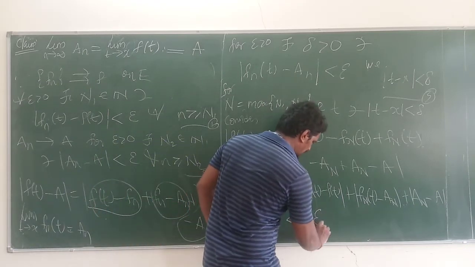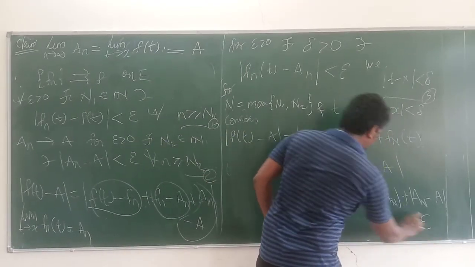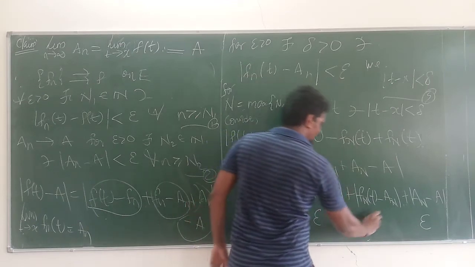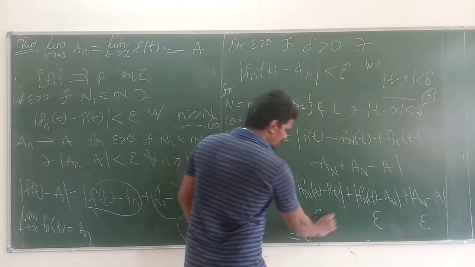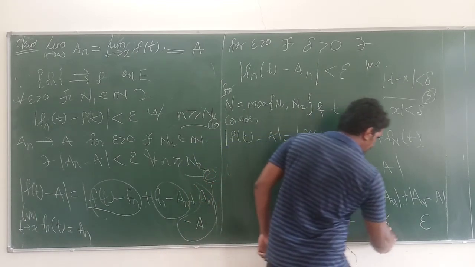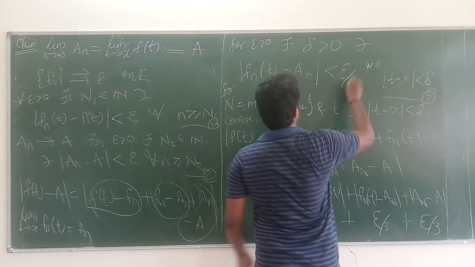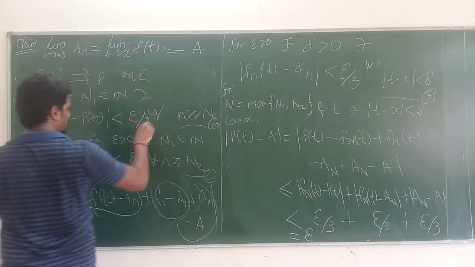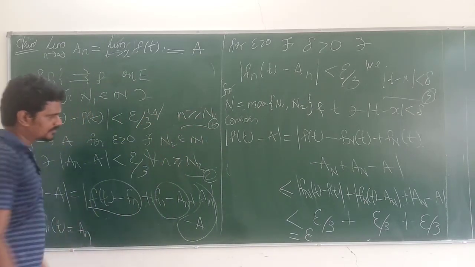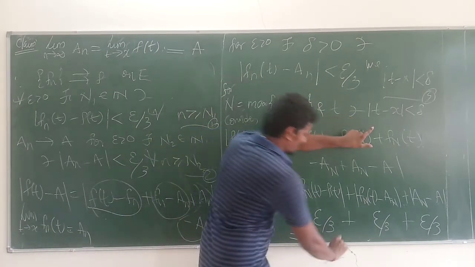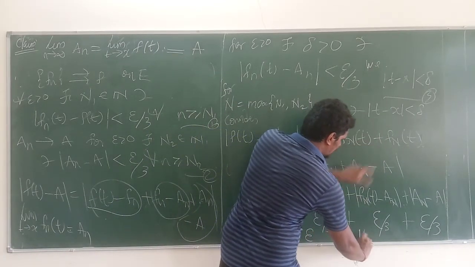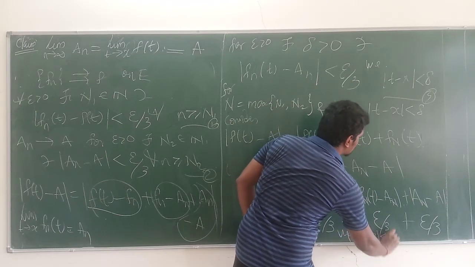This is less than epsilon, for this also epsilon, for the middle also epsilon. By adding, we get epsilon. So take epsilon by 3 for each, so that the sum is equal to epsilon whenever mod t minus x is less than delta.